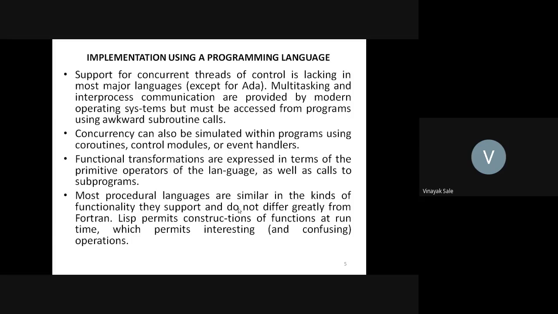Functional transformations are expressed in terms of the primitive operators of the language as well as calls to subprograms. Most procedural languages are similar in the kinds of functionality they support and do not differ greatly from Fortran. Lisp permits the construction of functions at runtime, which permits interesting and confusing operations.